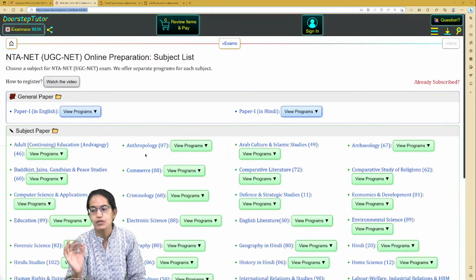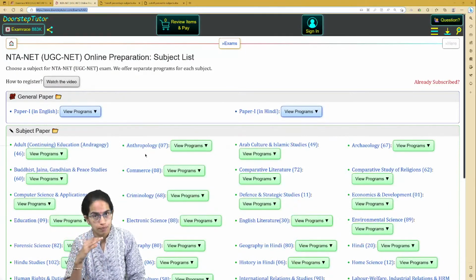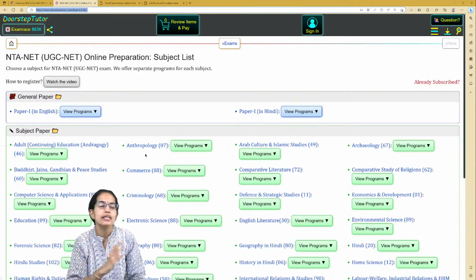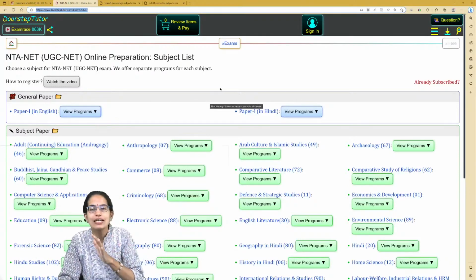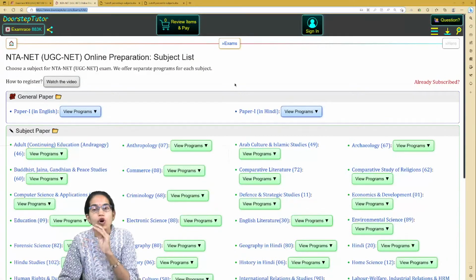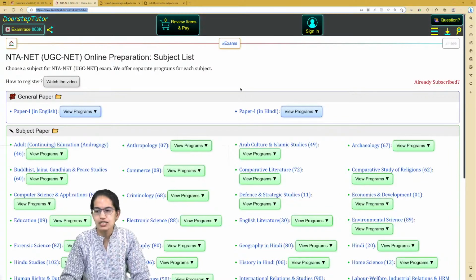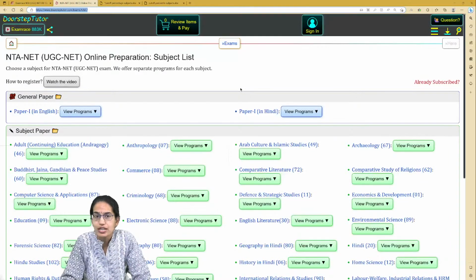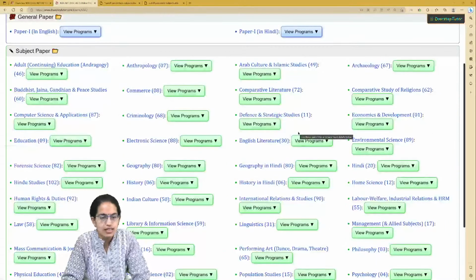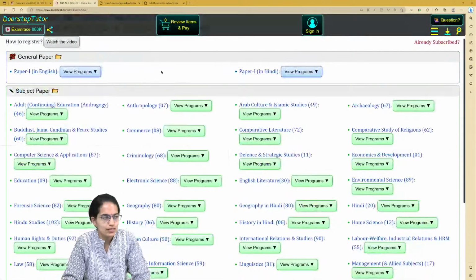If you are able to target somewhere around 120 correct for your paper 1 as well as paper 2 combined, then you have a clear say for your NET qualification, and definitely you would be among the border case for your JRF, right? For JRF, we have seen that you need to secure somewhere around 130 correct. So if you say 130 correct, that's considered a safe score. So I hope the idea that we were trying to bring in gets very clear.